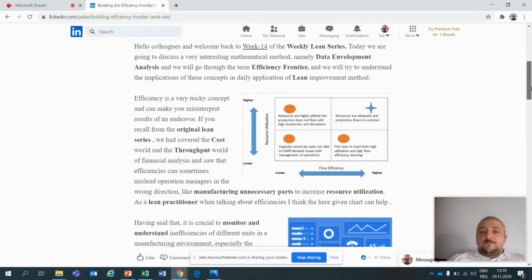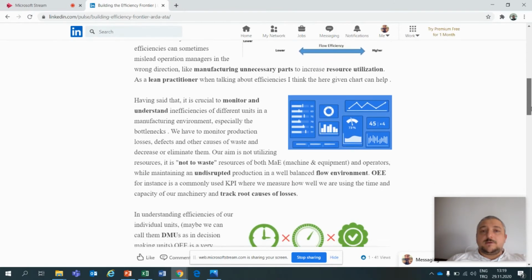Having said that, of course, it is very crucial to monitor and understand the inefficiencies of different units in a manufacturing environment, especially if they are the bottlenecks, because as you know, if there is a loss in the bottleneck, it means the loss of the entire value stream. It is very costly, so the efficiencies in a bottleneck process must be closely monitored.